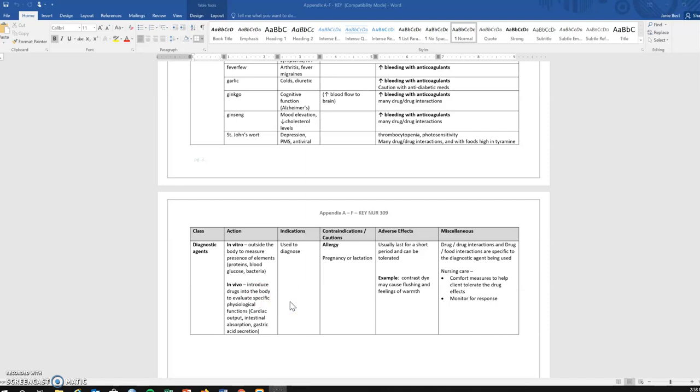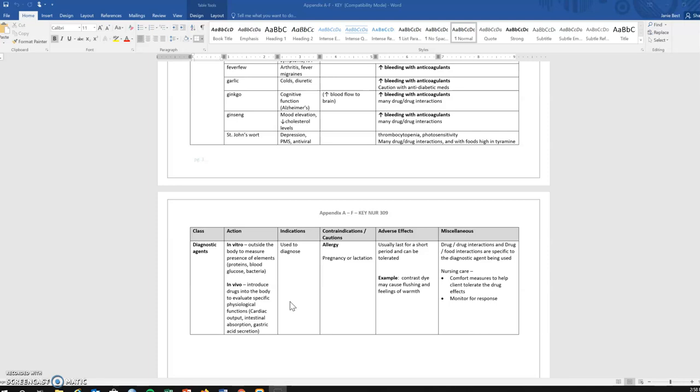So they may give you a drug and then do a scan to see how that flows through the cardiac system, or how the intestines absorb that particular drug. So in vitro is outside the body, in vivo is something we introduce into the body.